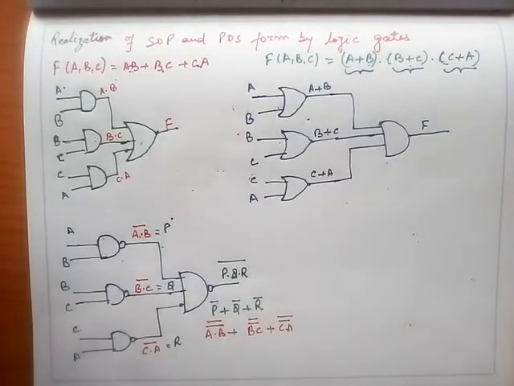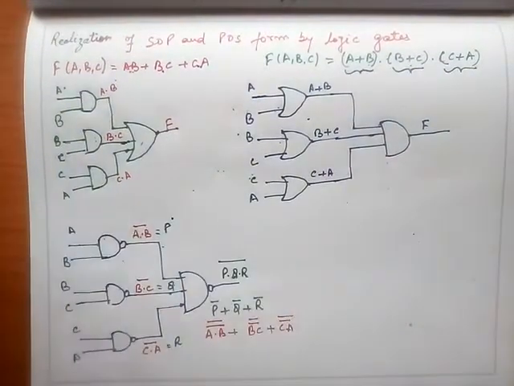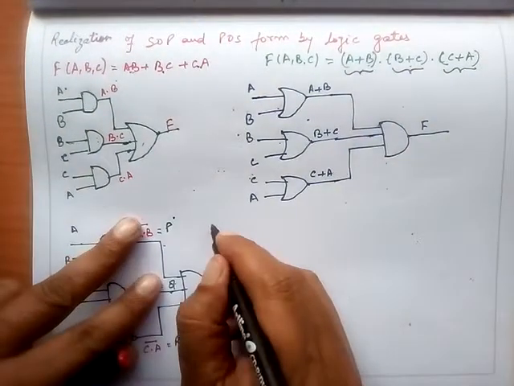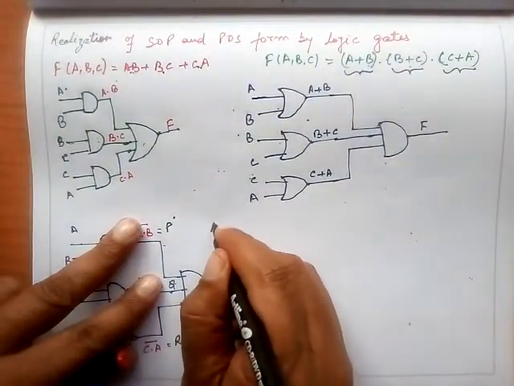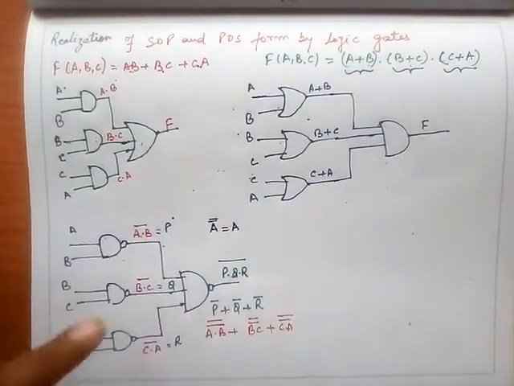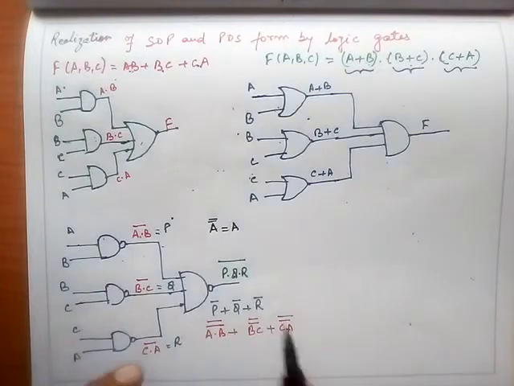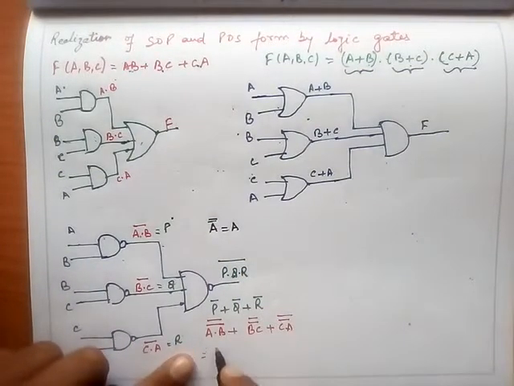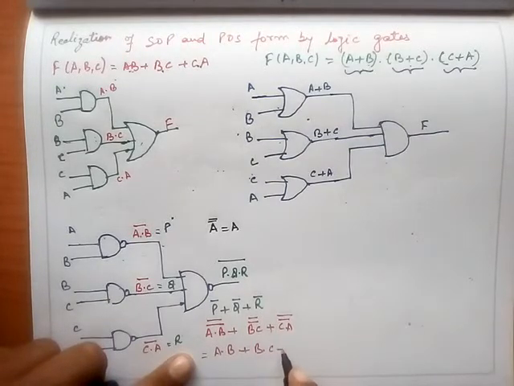And I told you that A double bar, at any stage, is equal to A. Complement of complement is the same function. So this is equal to A dot B plus B dot C plus C dot A.